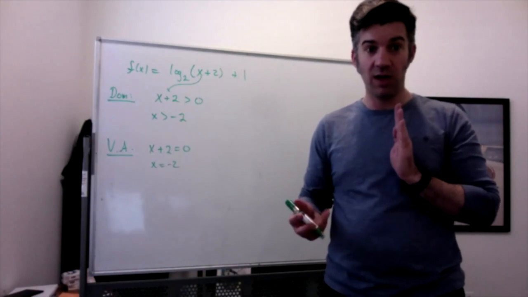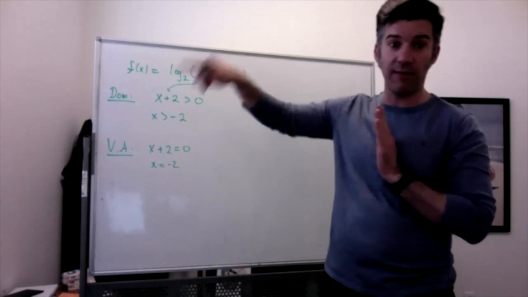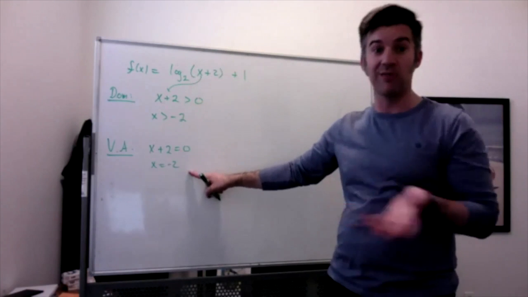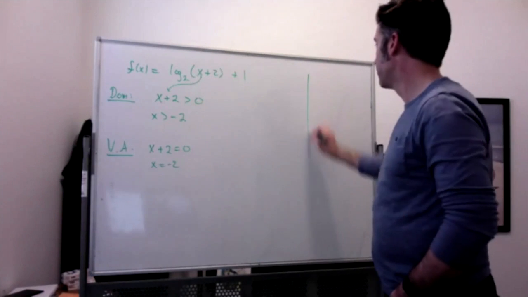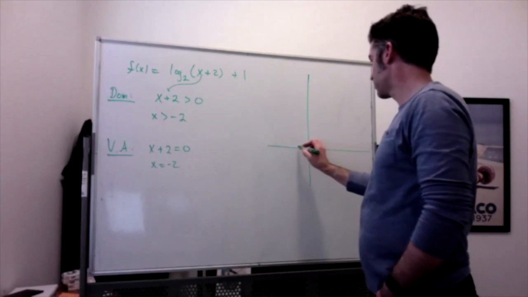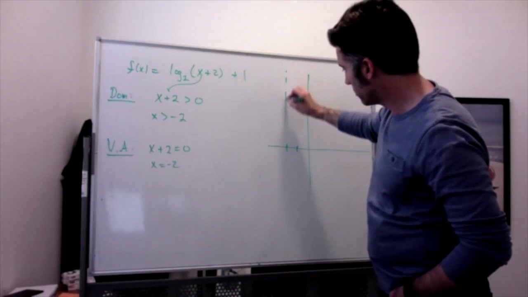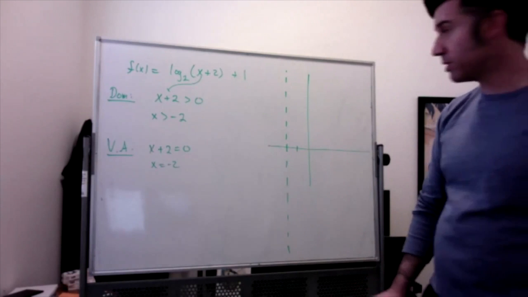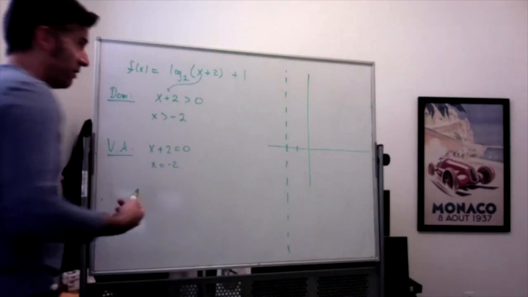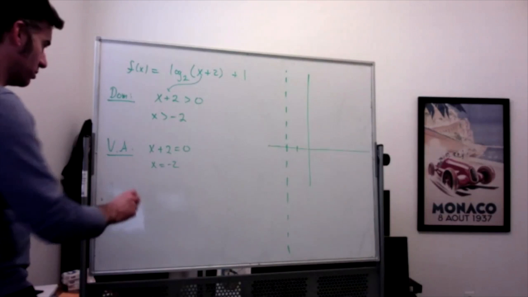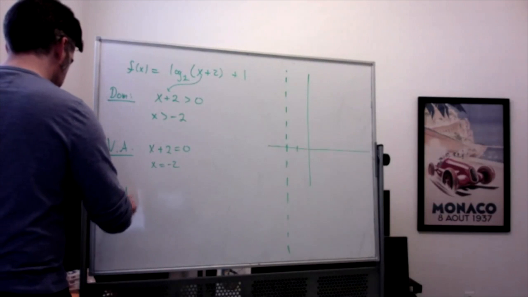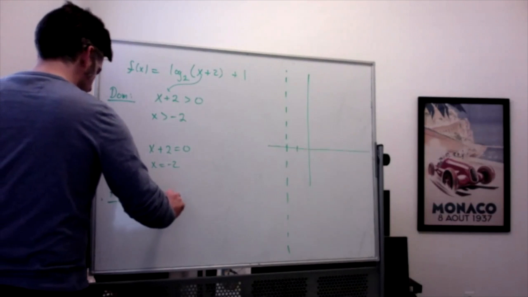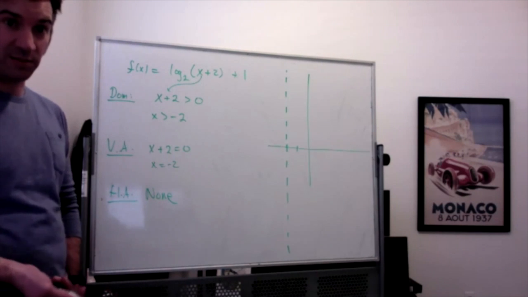X equals 0. But now we're shifting the graph 2 to the left, so the vertical asymptote gets shifted 2 to the left. Okay, great. We also know that for a logarithmic function, there is no horizontal asymptote.